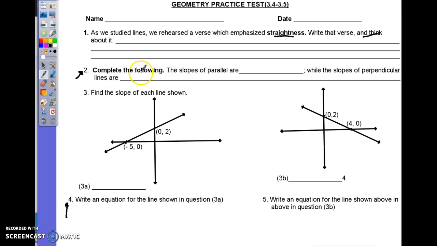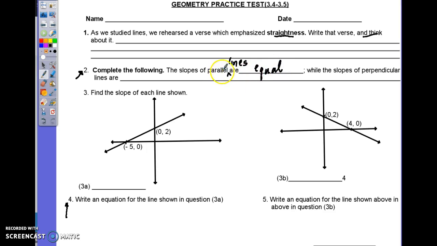Now, I've got here for you to complete the following. The slopes of parallel lines are equal, or you could put the same. So you need to remember that.